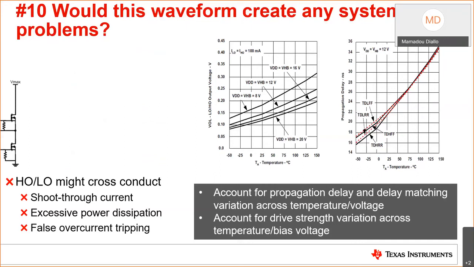Then I take my system to 100C, where there's actually 29 nanosecond prop delay, which is potentially going to cause shoot through in my system.